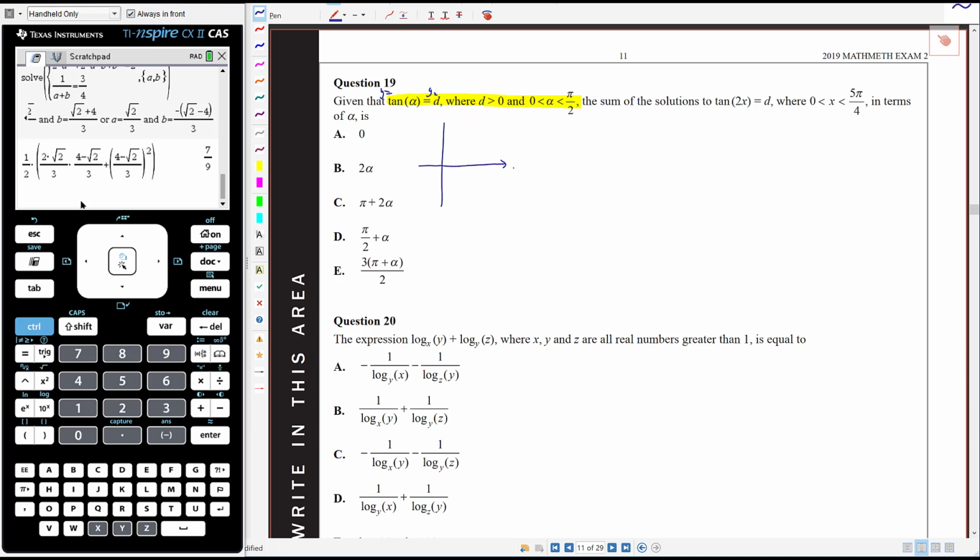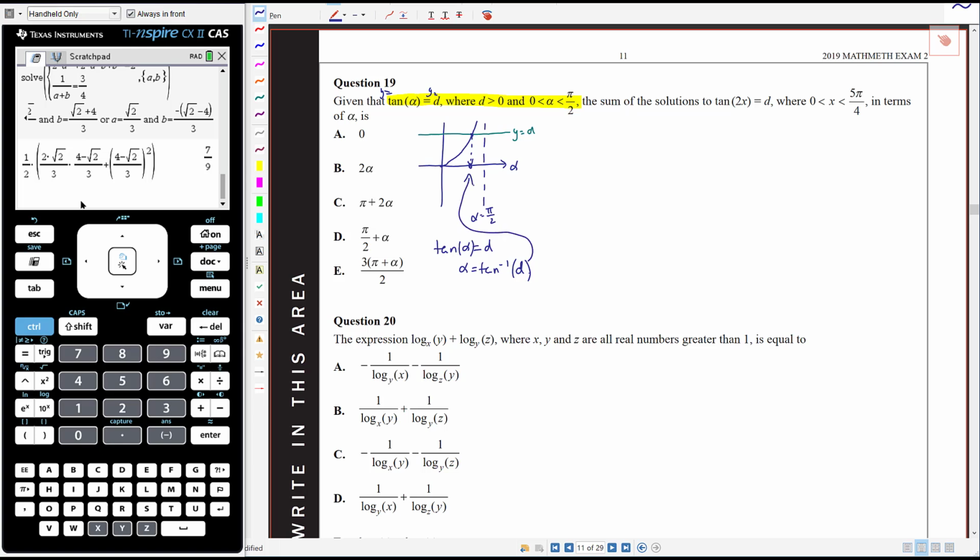So this is alpha, pi on 2, we've got our tan graph, we've got y equals D, and so therefore we've got just one solution there. And if tan of alpha is equal to D, that means that alpha is inverse tan of D. So that's essentially how we can describe that point there.